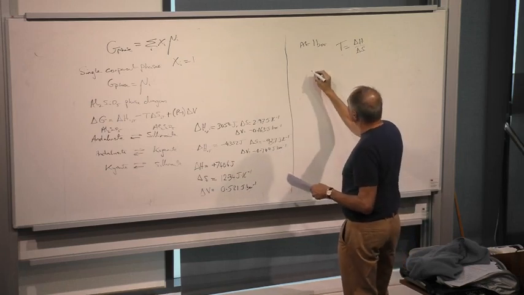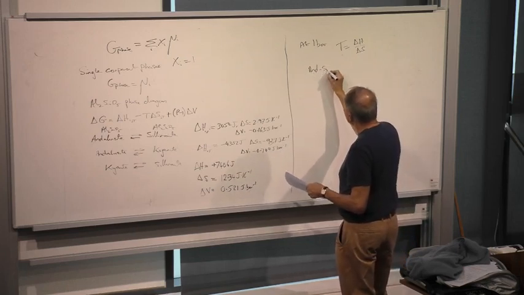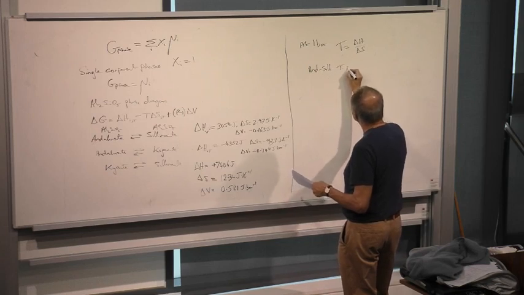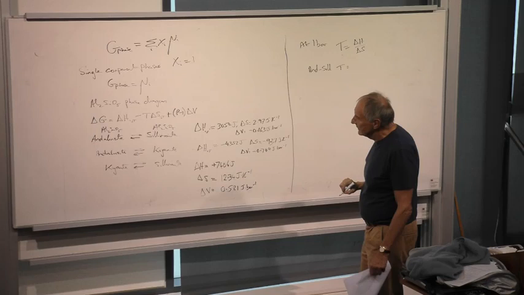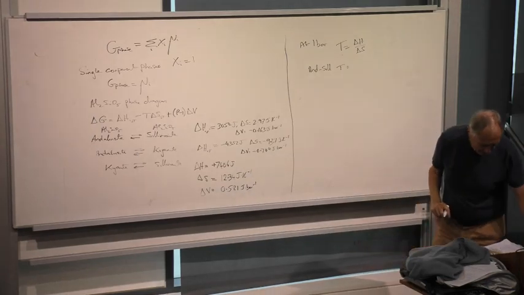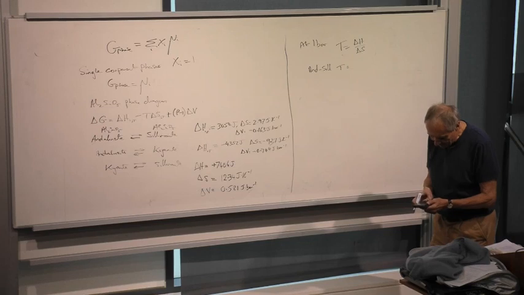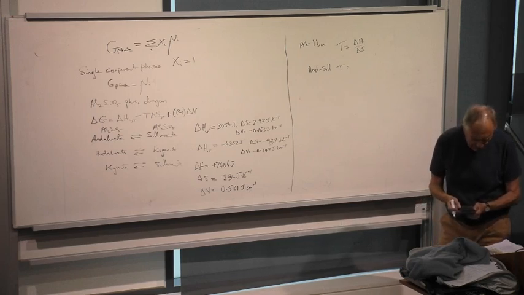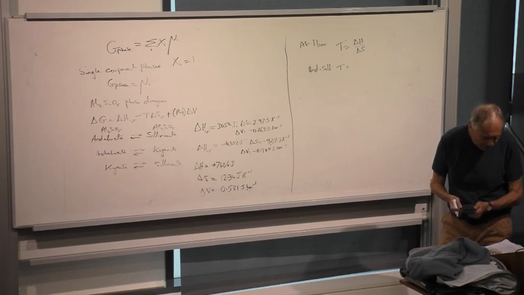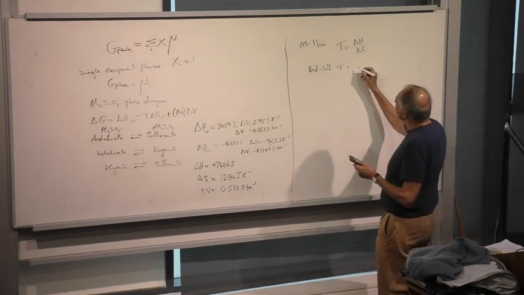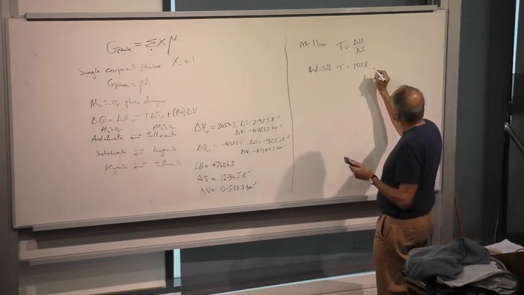So as a first reaction, andalusite to sillimanite. The temperature is equal to 3054 divided by 2.97, which is 1028 at 1 bar.